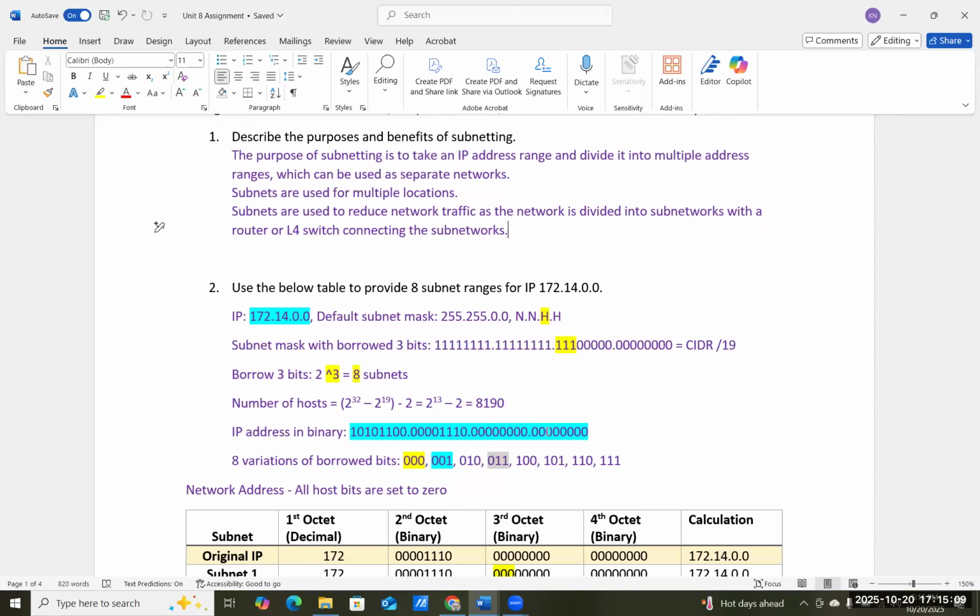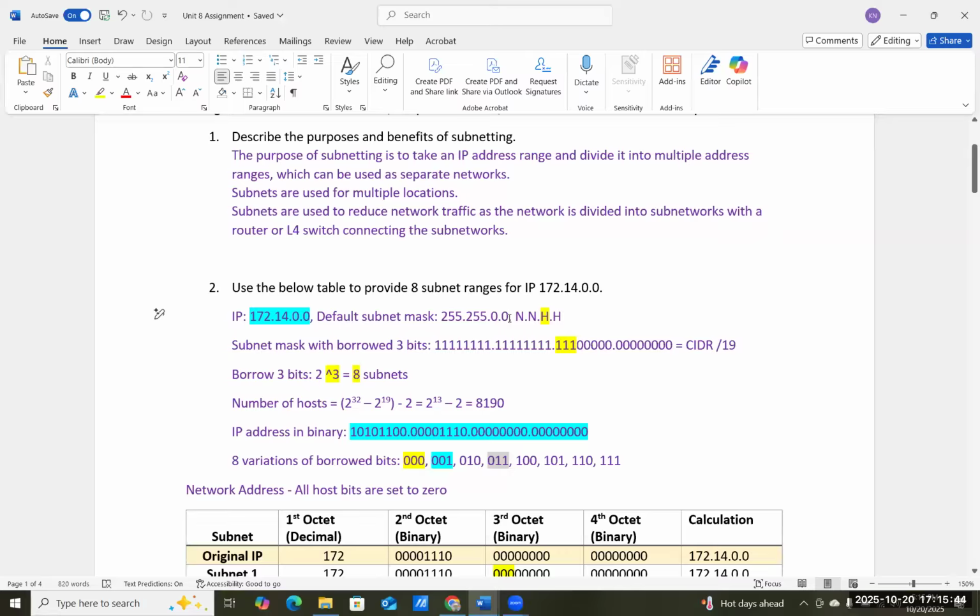Okay, so let's say that this is your company's IP address, 172.14.0.0. This is the IP that you start with. And we know that by looking at the IP address, this is a class B IPv4, right? Also, the subnet mask is given to you. It's 255.255.0.0 here. So it is a default class B right now.